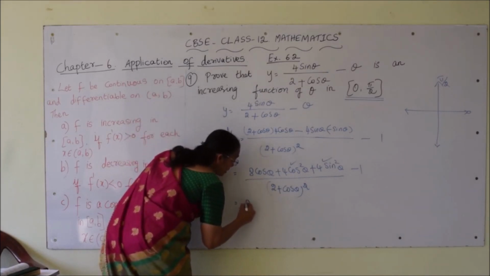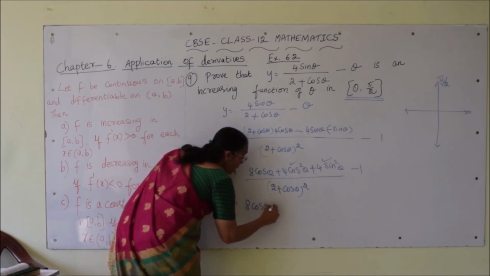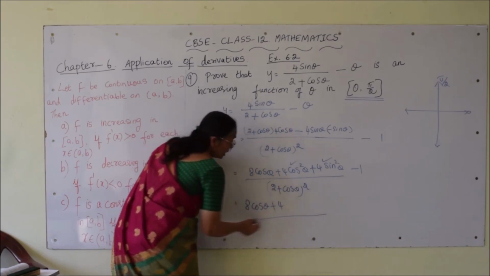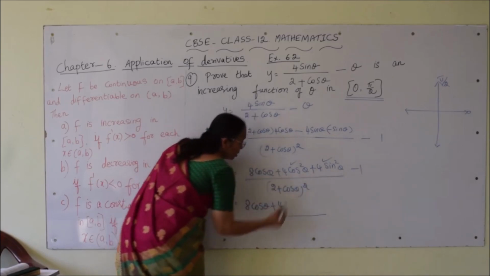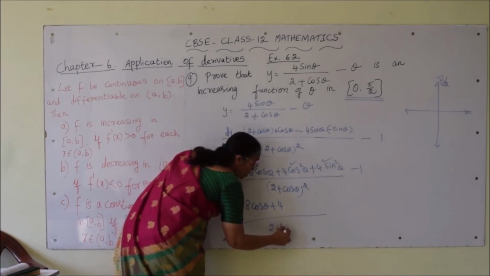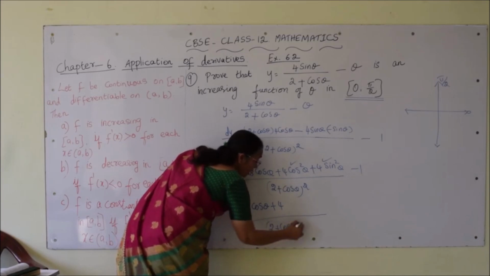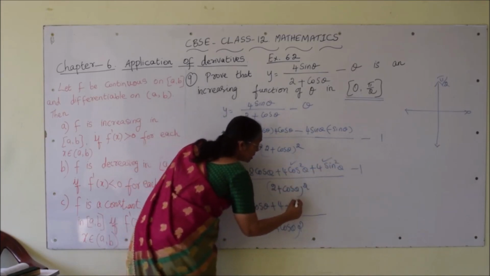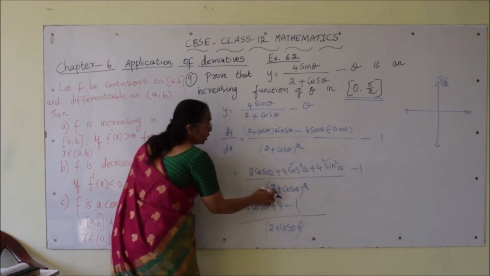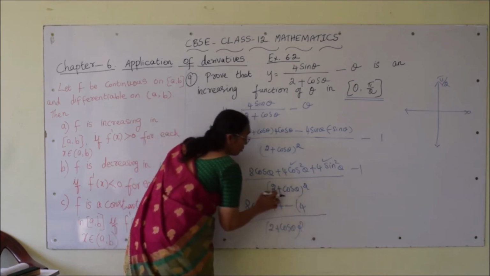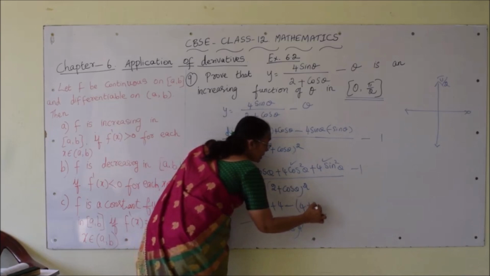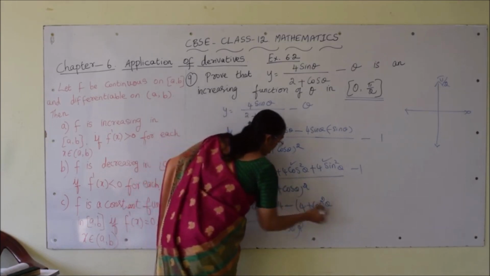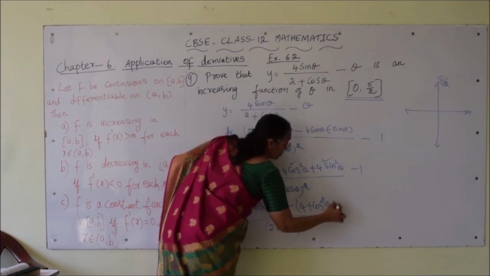So, we will get 8 cos theta plus 4, and now let us take the LCM for these two terms. So, 2 plus cos theta whole square is the LCM, the numerator stays as it is. Now here minus of 2 plus cos theta whole square. So let me expand the a plus b whole square form: a square plus b square is cos square theta, and the 2ab term is plus 4 cos theta.